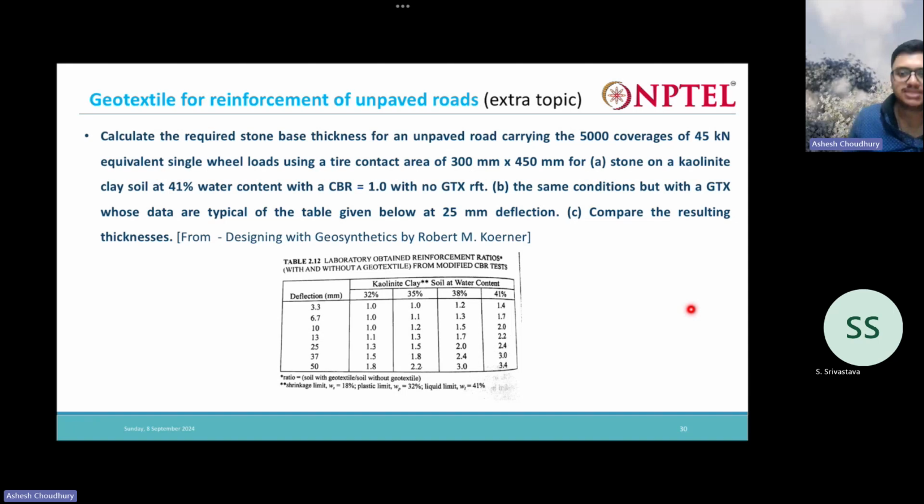The same conditions but with a geotextile whose data are typically of the table given below at 25 mm deflection. Compare the resulting thickness. Okay, let us start. First, for unreinforced, when there is no geotextile reinforcement used, at that time we need to calculate.